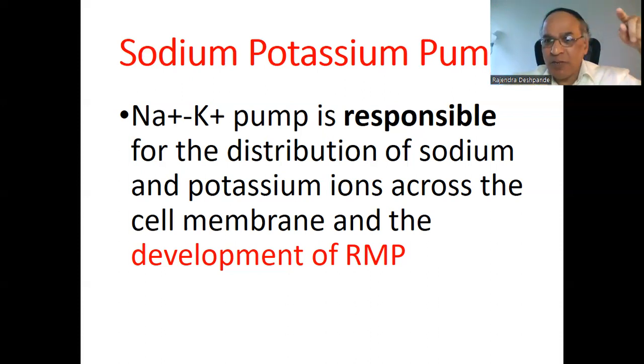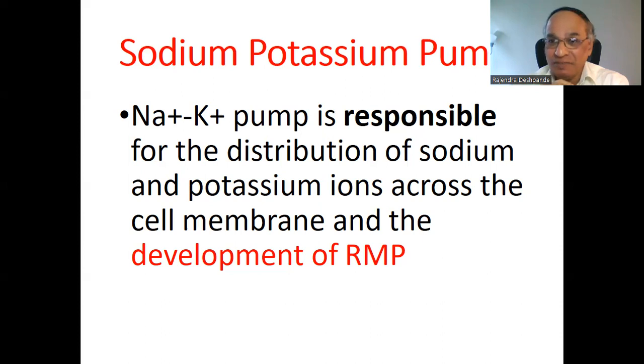External positivity and inside negativity is called the RMP, resting membrane potential. Relax. External positivity, internal negativity. But if you want to make some action, this polarity changes, and RMP is converted to action potential.